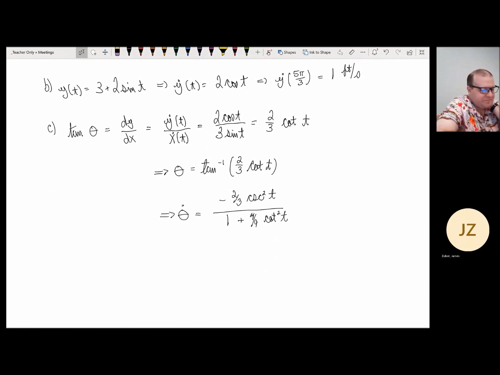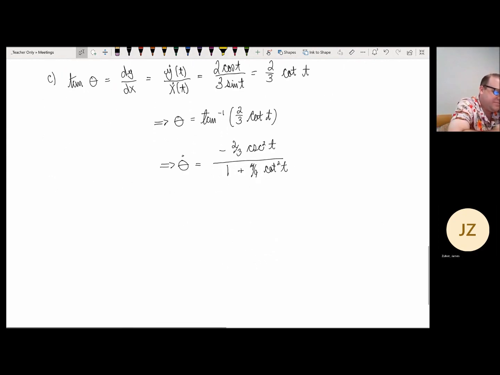We might be able to simplify that, but I don't care because I'm going to be evaluating it. Evaluate that at 2 pi over 3.